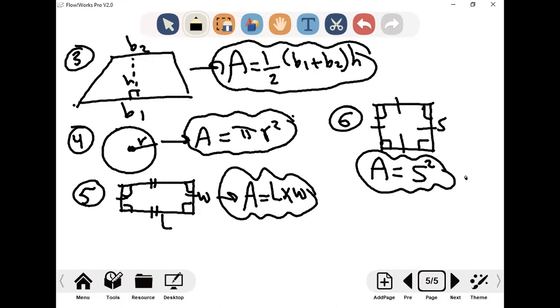So we have the area of a parallelogram, triangle, trapezoid, circle, rectangle, and square. You need to memorize all of these areas. They are easy ones, okay?